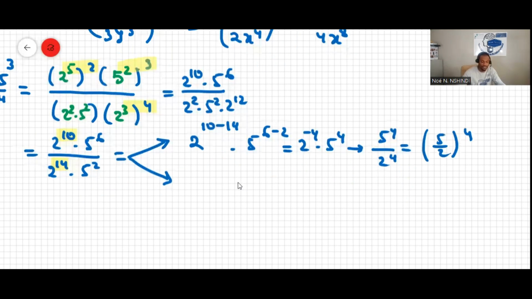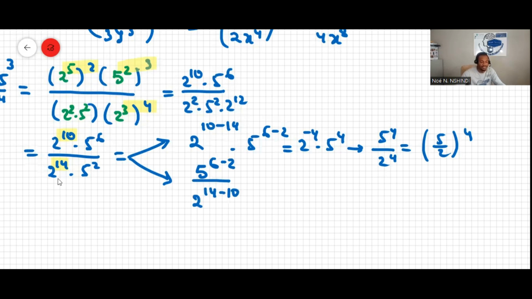We can write it this way, or we can also just look at where the highest exponent is. If the highest exponent is at the denominator, like in this case, I'll keep 2 at the denominator, and then I'll do 14 minus 10, which is 4. Over here, the highest exponent is at the numerator, so I'll do 6 minus 2, and I keep 5 at the numerator. So it's going to be 5 to the 6 minus 2 over 2 to the 14 minus 10.